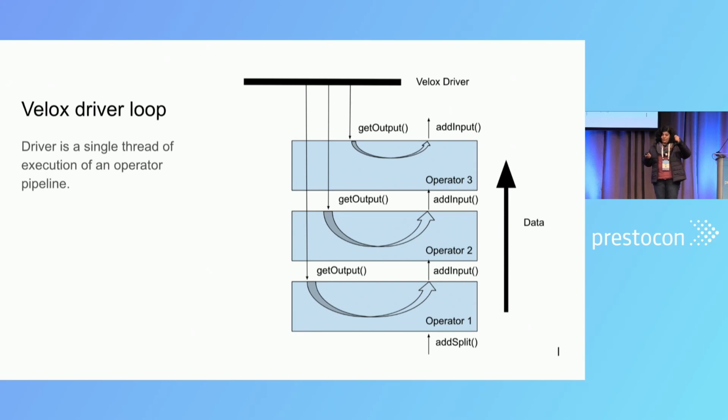You get the topmost operator that has data to give you, and if it has data, you send those output rows downstream. In this case, operator 3 goes into the network, but if operator 3 didn't have rows to process, the driver queries operator 2 for output rows, and if it has output rows, it generates them and feeds them into operator 3.